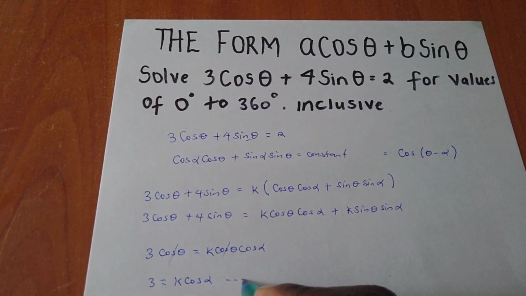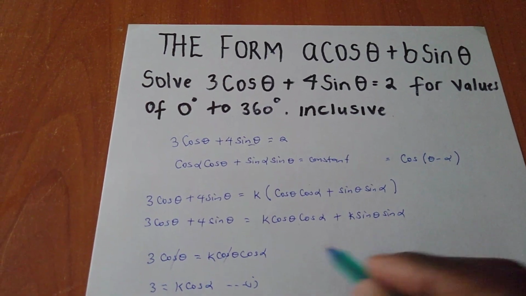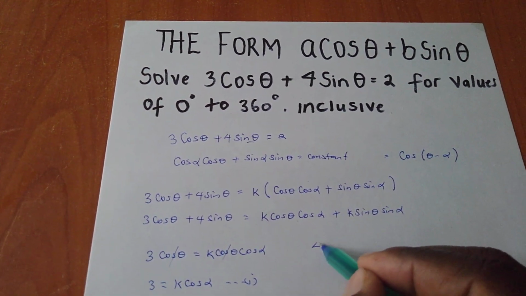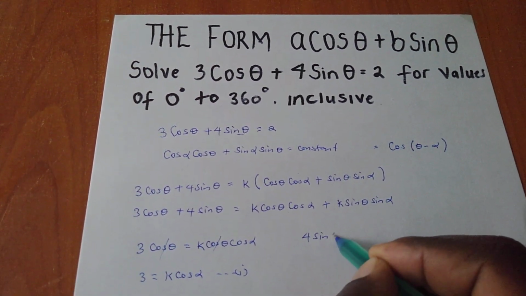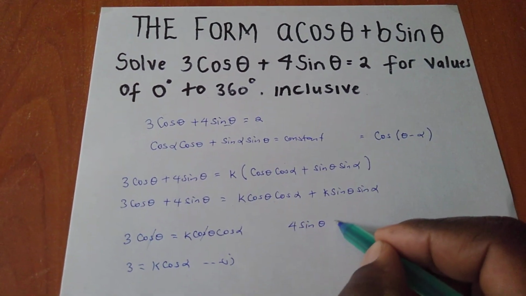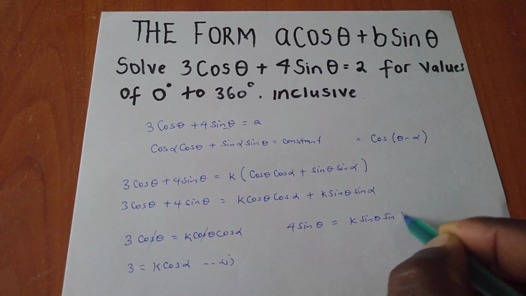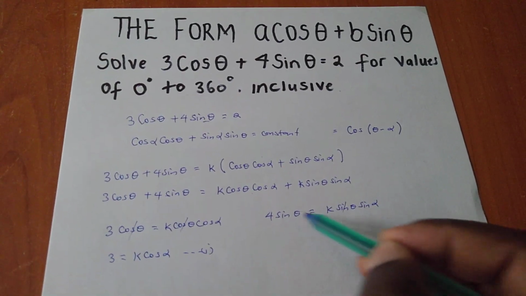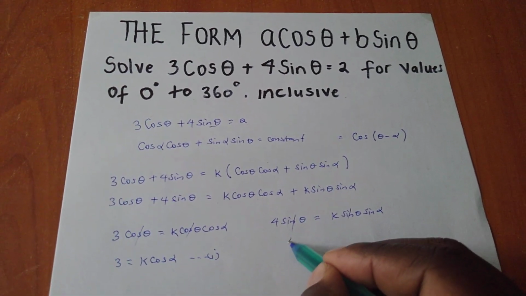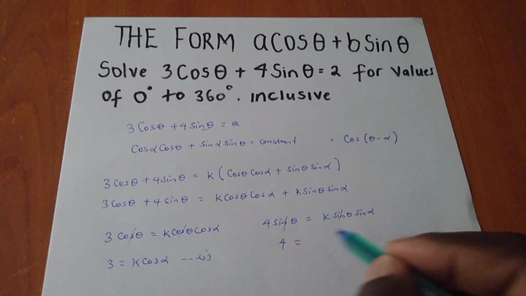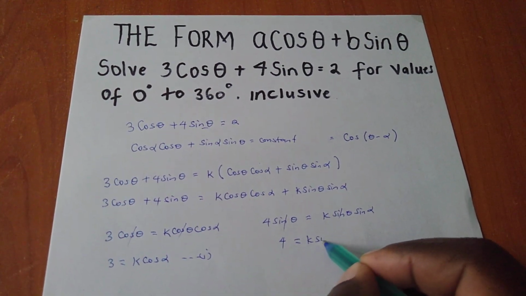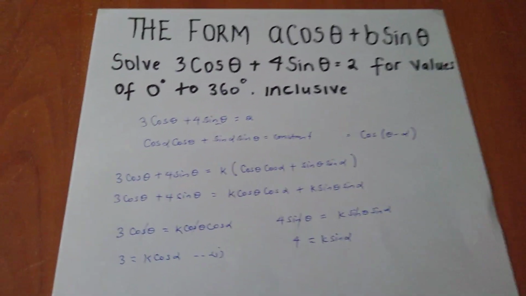I might call this one equation 1. And on the other side, 4 sin θ will equal k sin θ sin α. The sines will cancel and I remain with 4 equals k sin α.